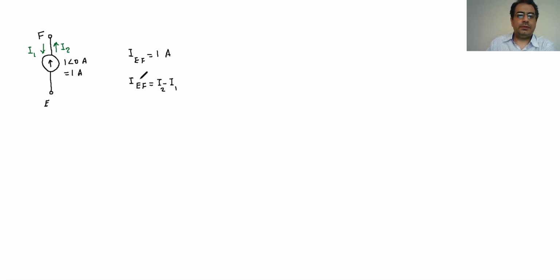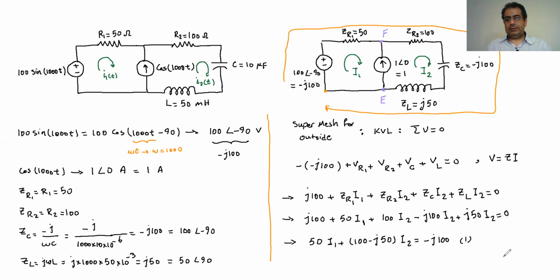So I2 minus I1 should be 1. This is the second equation I have. So this is the first equation, and this is the second equation.